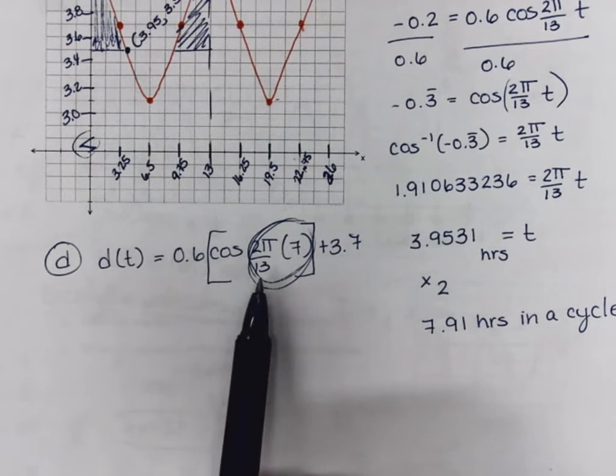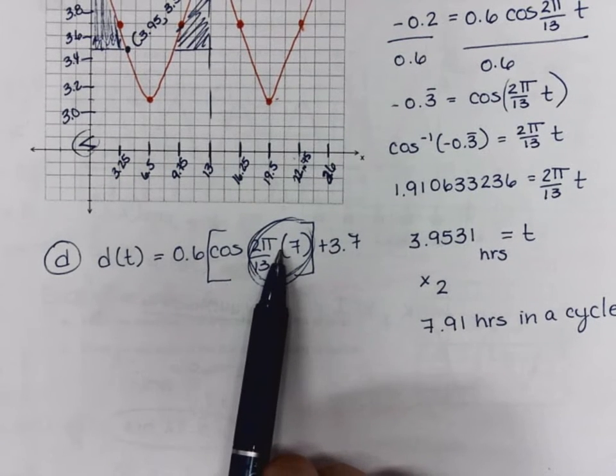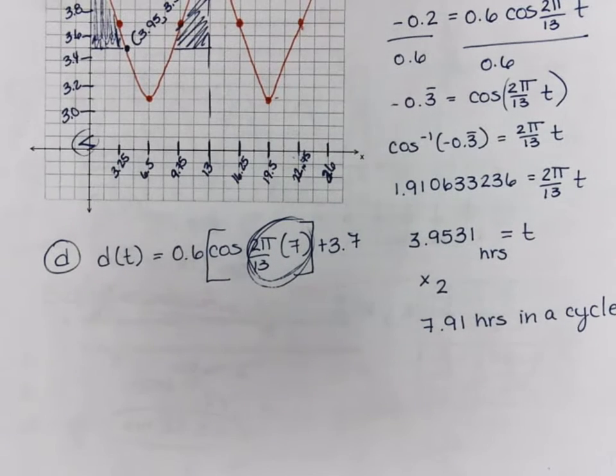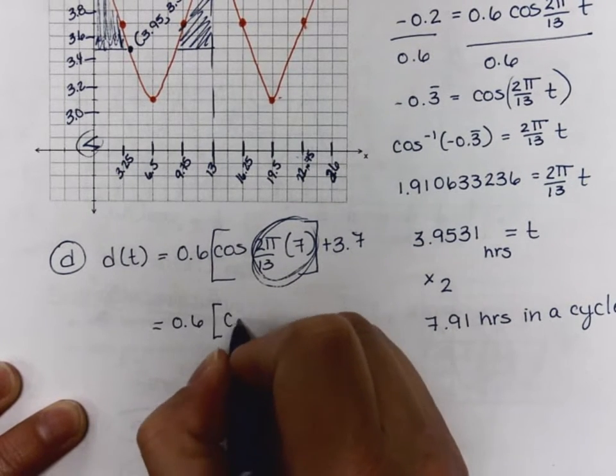I'm just saying that you need to multiply these two and then do cos of that. My calculator can do it, but I don't know if your calculator can, and you'd have to use brackets first. So what I'm suggesting is you do the math that I've suggested first.